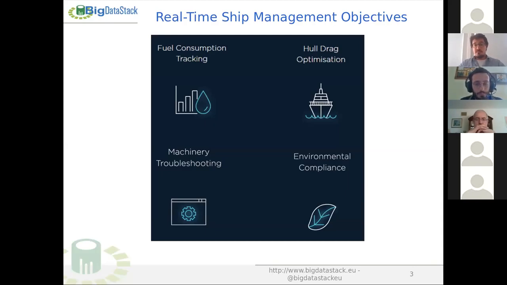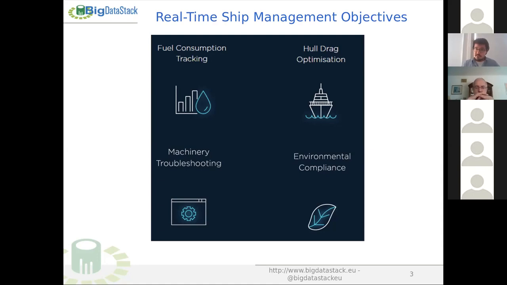The objectives of such a tool on which we focus are related to fuel consumption tracking, hull drag optimization, which is how dirty the submerged part of the vessel is, machinery troubleshooting, meaning having a close look at the data flowing out of the main engine or the generator engines of the vessel, and identifying patterns that pinpoint malfunctions.